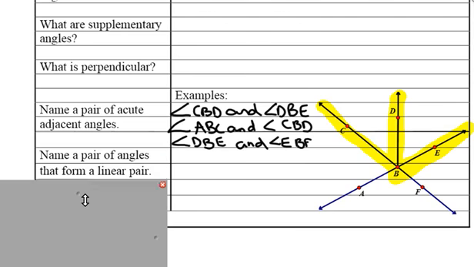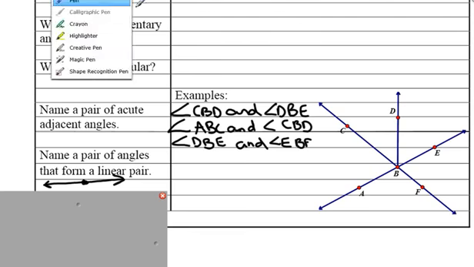Okay, the next question is, I'd like for you to name a pair of angles that form a linear pair. So if you remember, a linear pair is formed by opposite rays and it forms a straight line. So you're looking for a point and then one ray going in one direction, another ray going in the other direction. And we can see that anytime you can pick out a straight line.